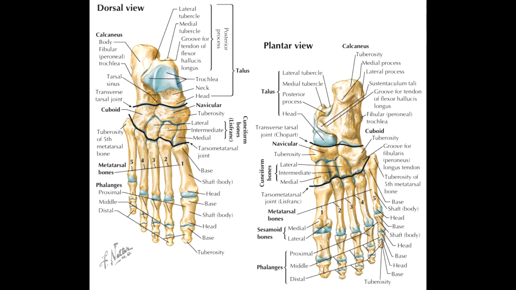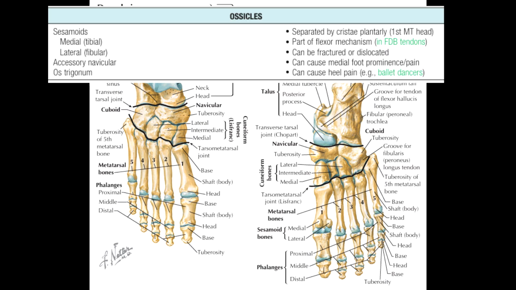Finally, let us address the ossicles of the foot, which are small accessory bones that can be normal variants or sources of clinical symptoms. The sesamoid bones, as already mentioned, are embedded within the tendons of flexor hallucis brevis beneath the head of the first metatarsal. They act as fulcrums, increasing the mechanical advantage of flexor tendons, but when fractured or inflamed, they become a significant source of pain.